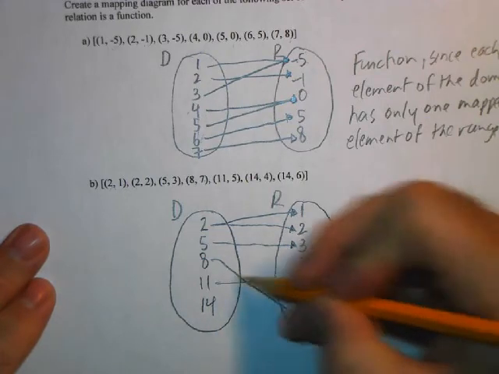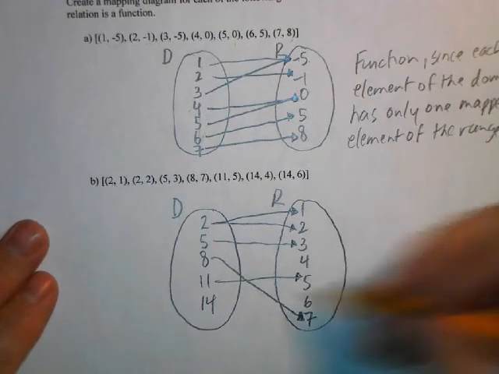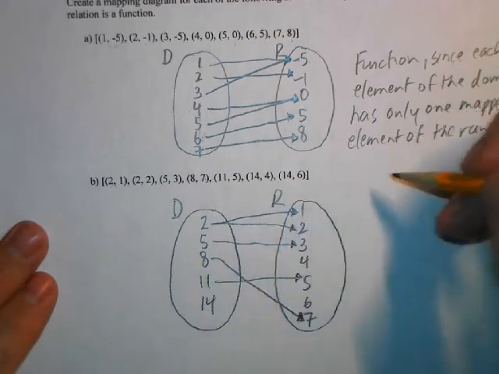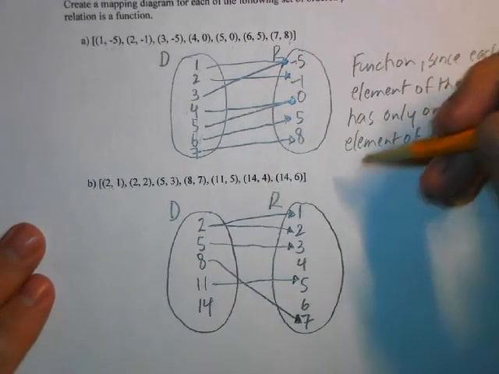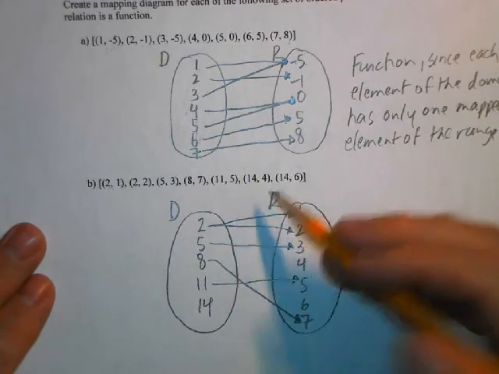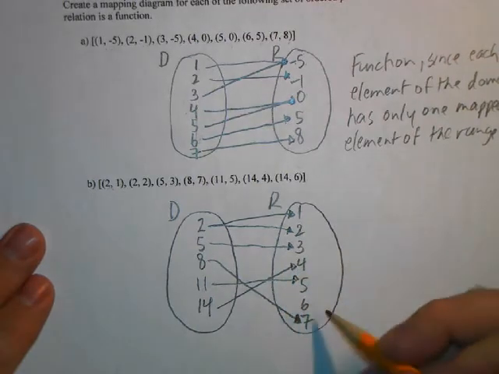And try to make these as straight as possible. I realize that mine aren't completely straight, but you definitely don't want them wandering around. It's got to be straight so you can follow them easily. So that was 8, 7, 11, 5, 14, 4, and 14, 6.